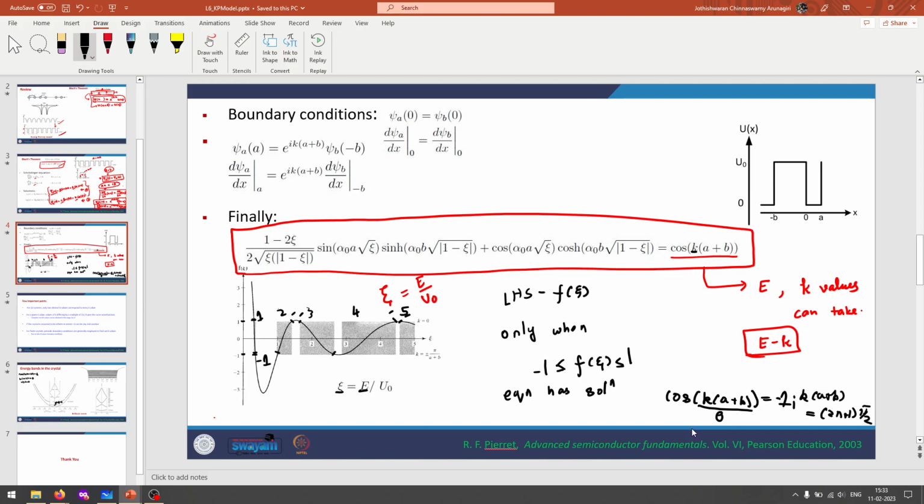Or in other words, it is n pi plus pi by 2. Because, oh, sorry, that is for 0. Wait, I'm sorry, I made a mistake. 0 plus n pi.